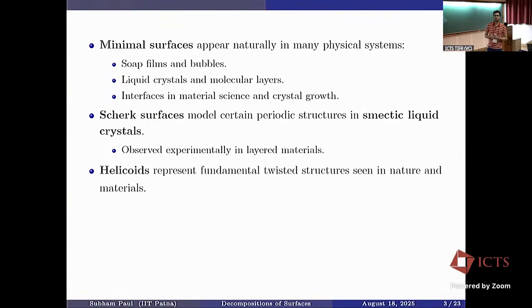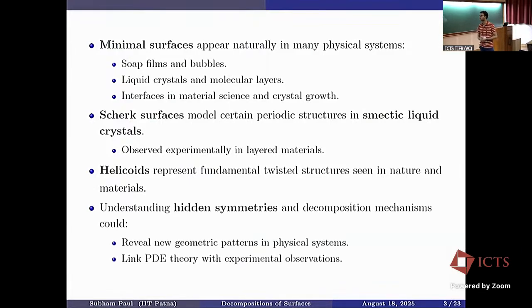One of the simplest minimal surfaces, which has these twisted structures, also appears frequently in nature and in materials, which is the helicoid. Understanding the hidden symmetries of these minimal surfaces and their decomposition mechanism could reveal some new geometric ideas, and also link the PDE theory with some experimental observations.